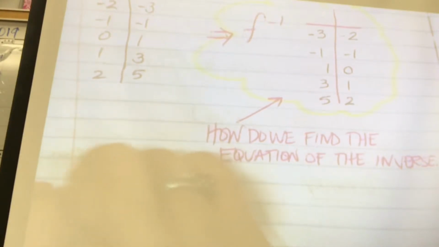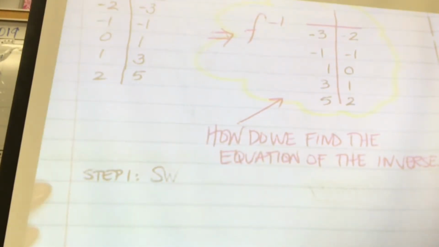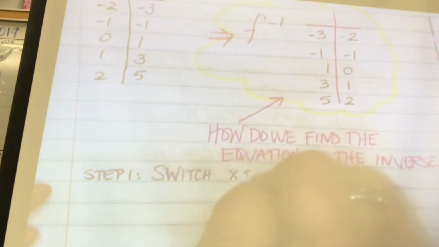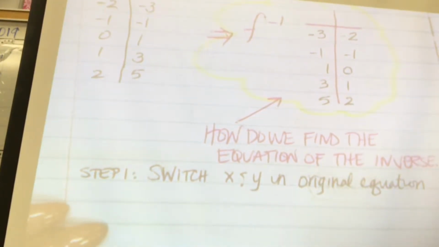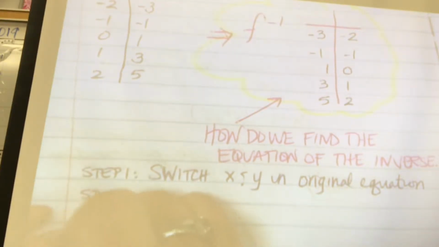Step 1 is to switch your x and your y's in the actual equation. And then step 2 is to solve for y.